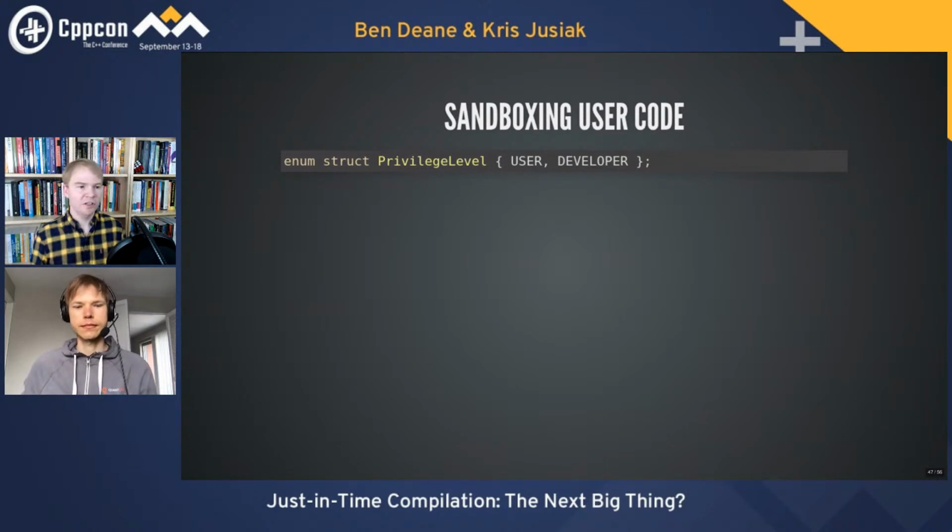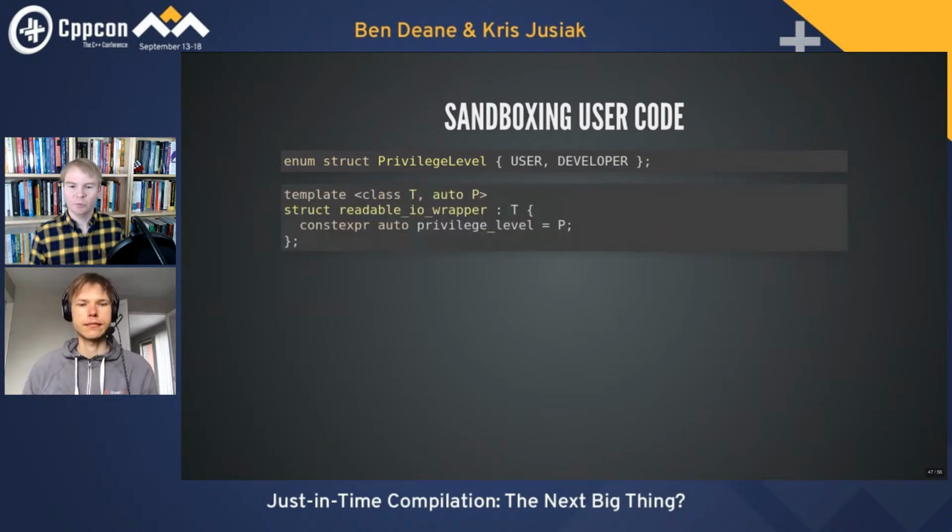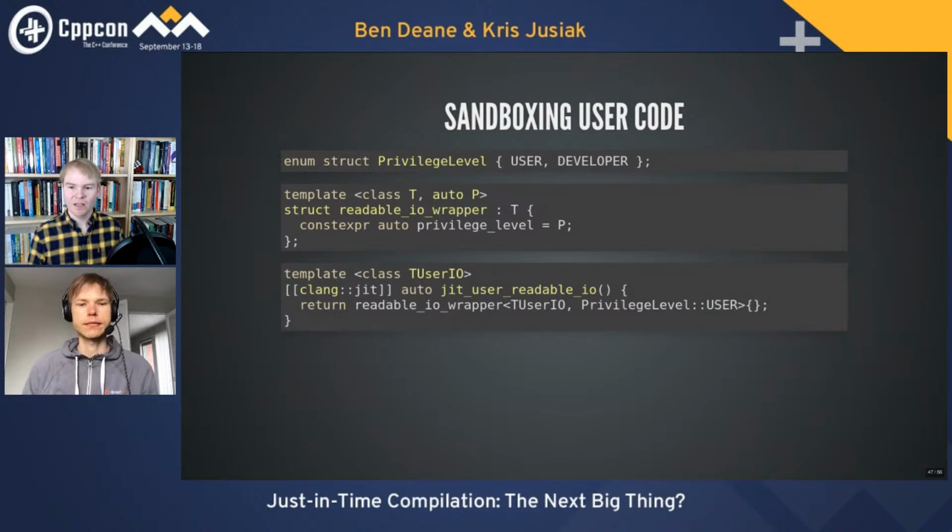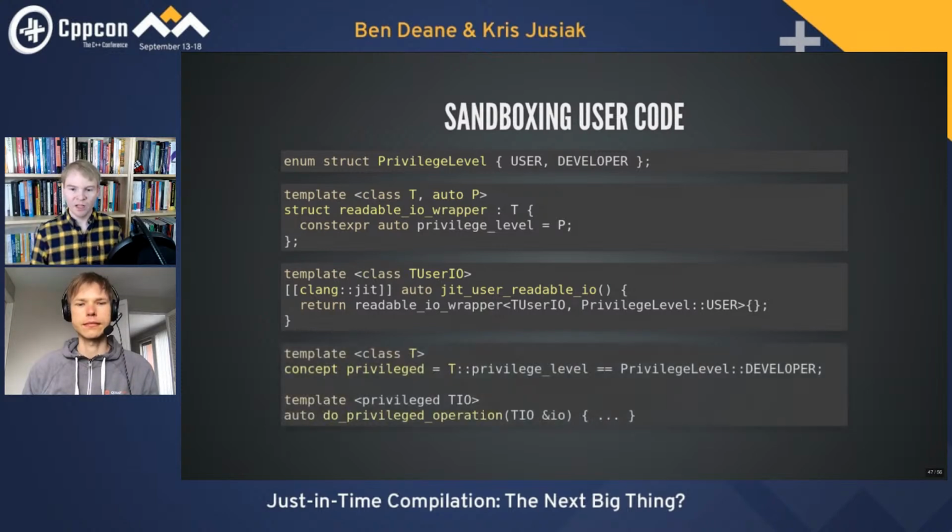We'll have a privilege level tag, and whenever we JIT something, we'll take the user code and wrap it inside a very thin wrapper class, which is just going to tag it with this privilege level, maybe in this way. And then we will have appropriate constrained functions so that they can't be called with the user types.